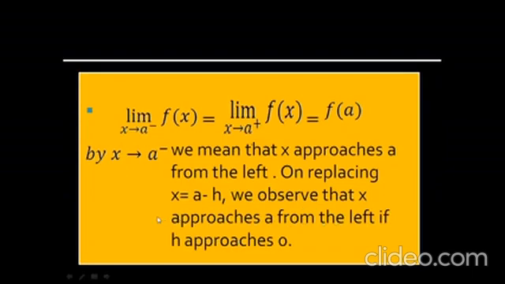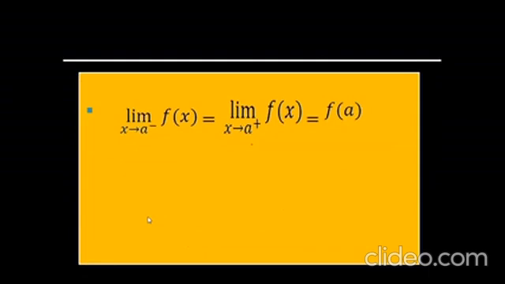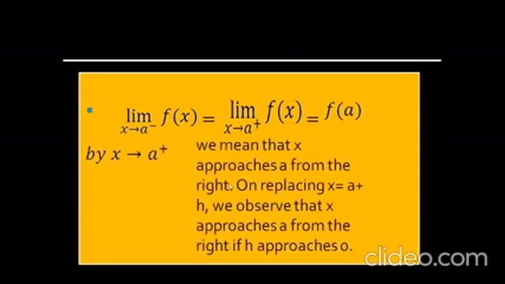By x tends to a plus, we mean that x approaches a from the right, on replacing x by a plus h. We observe that x approaches a from the right if h approaches 0.